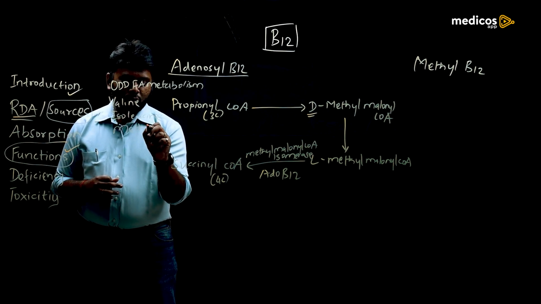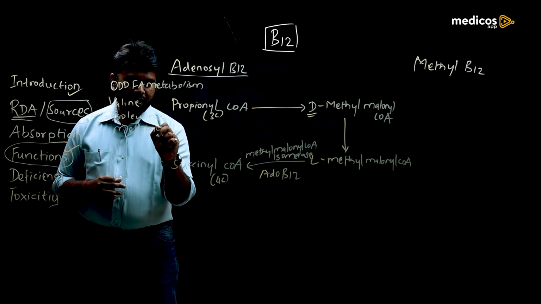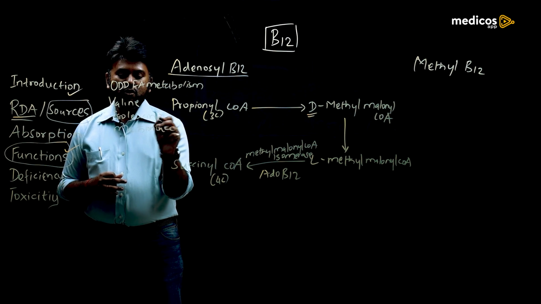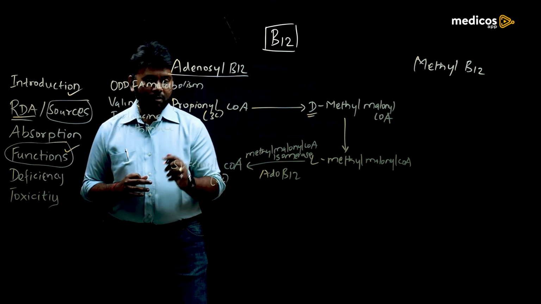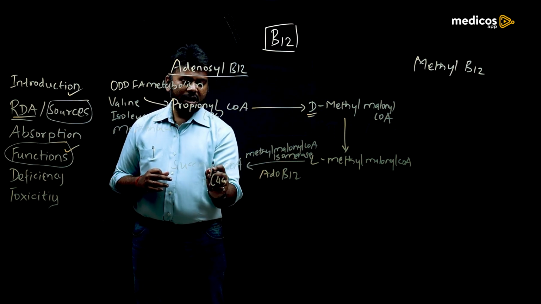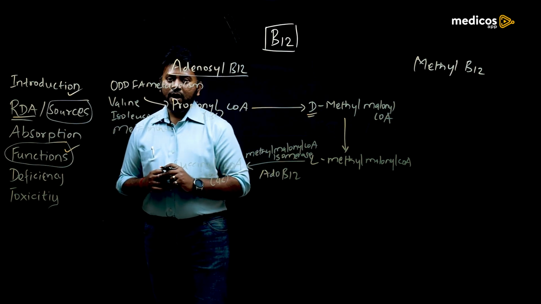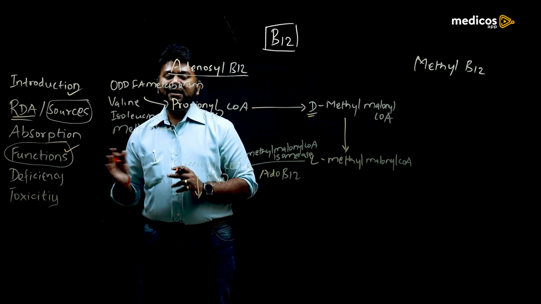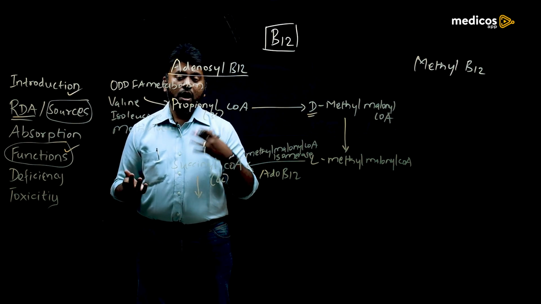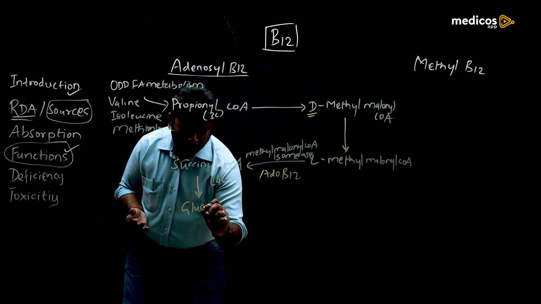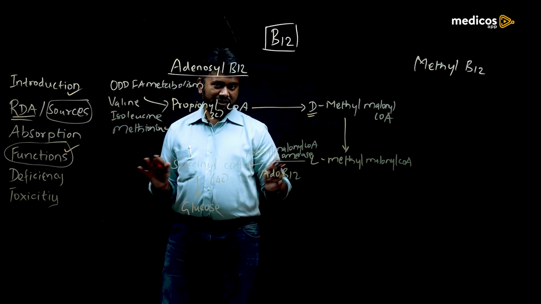So during the catabolism of these components, odd chain fatty acids, valine, isoleucine and methionine, propionyl CoA will be formed. That propionyl CoA will be converted to succinyl CoA with the help of B12, and this succinyl CoA can either be oxidized completely in the TCA cycle to produce energy, or it can be utilized for glucose synthesis through gluconeogenesis.